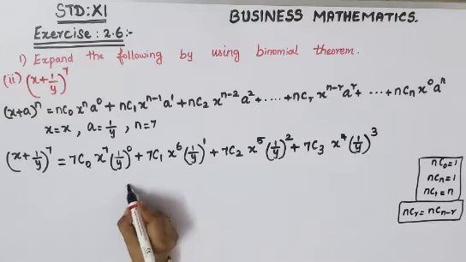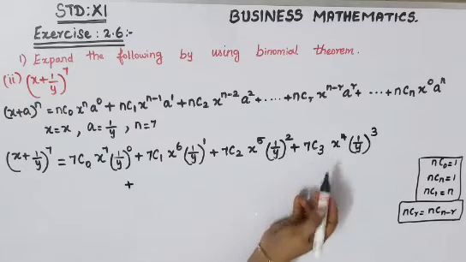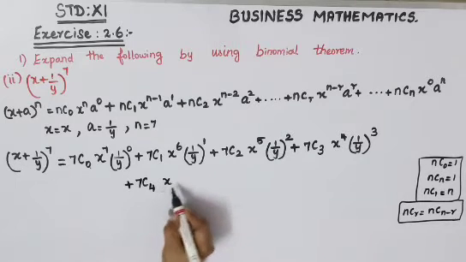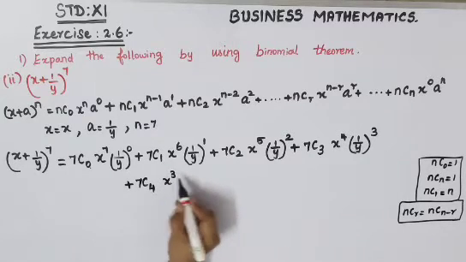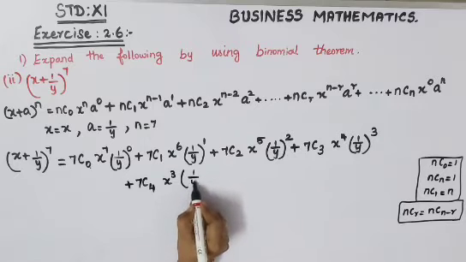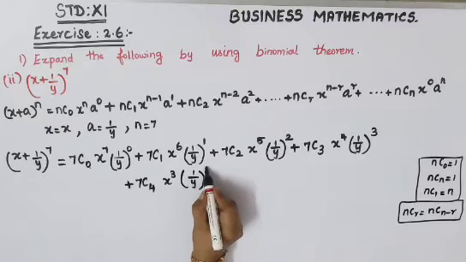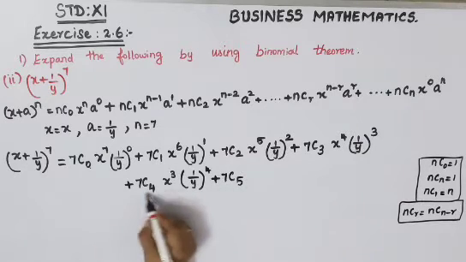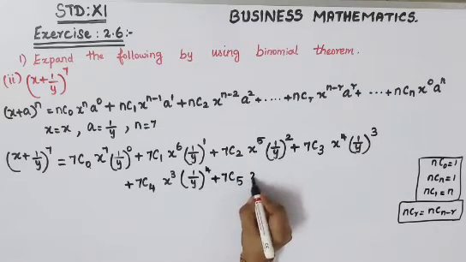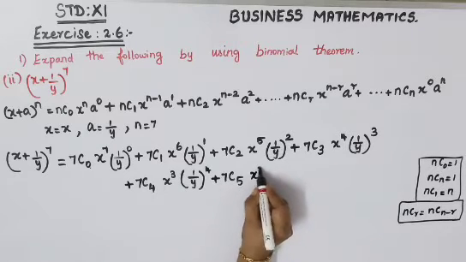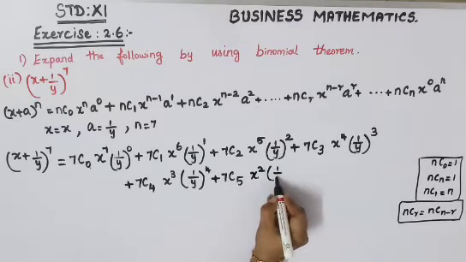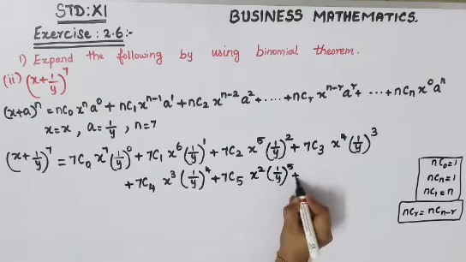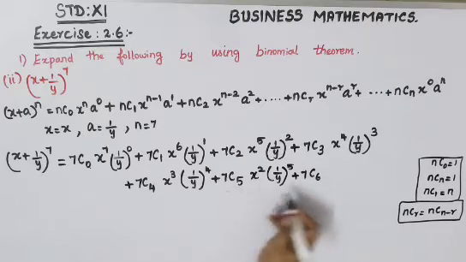Your next term, 7C3 is over. So 7C4 x power 7 minus 4 will be 3 into 1 by y power this 4 as it is, plus 7C5, 4 is over. So 7C5 x power 7 minus 5 is 2 into 1 by y power 5, plus 7C6, 5 is over.